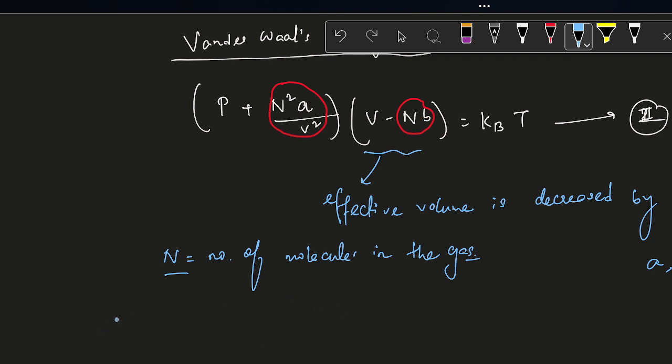So what is b? Basically, b is almost like the effective volume actually occupied by each gas molecule present in the gas.